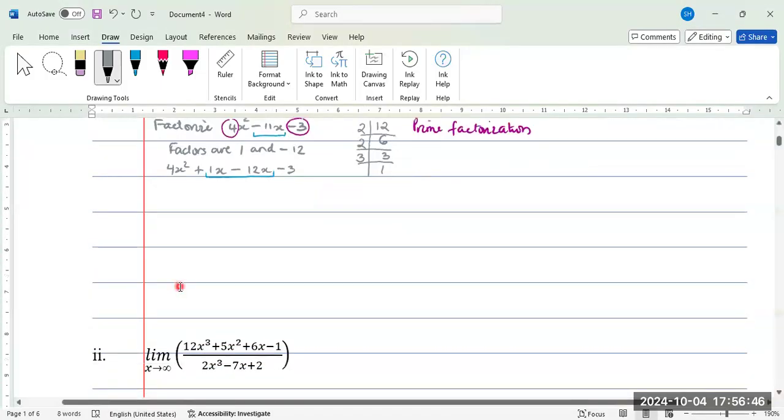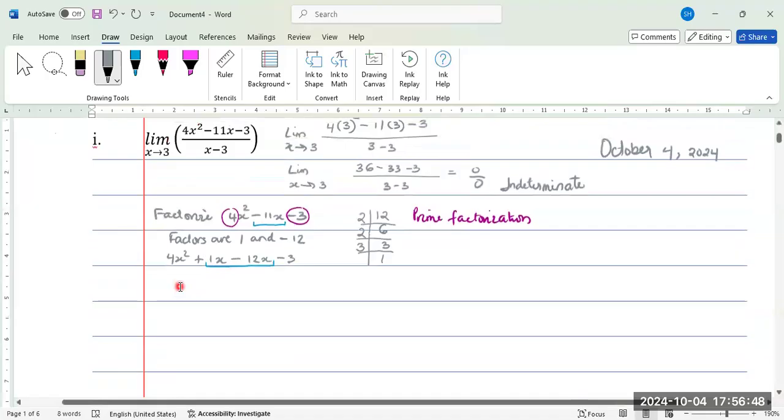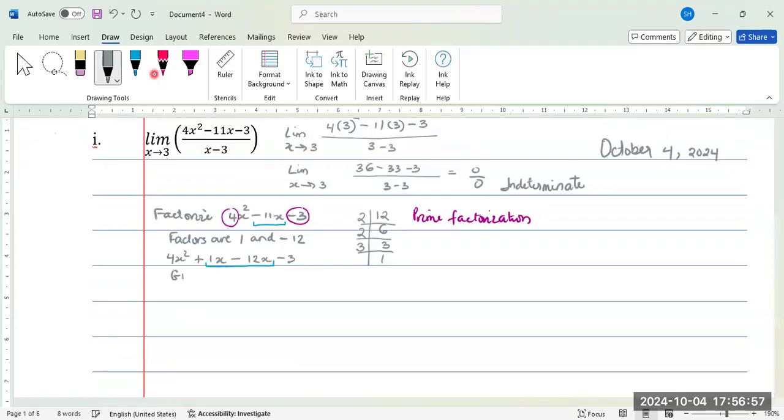All right. So now I'm going to group. Pay attention here, please, particularly because I have a negative sign. I'm going to put 4x squared plus 1x in one bracket. My middle sign stays out every single time.